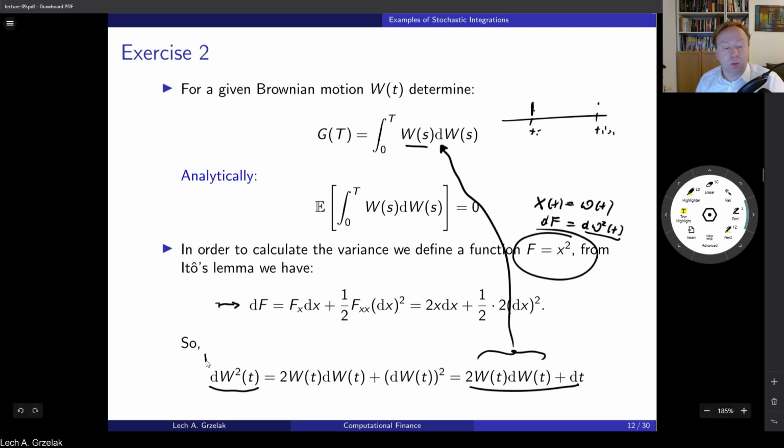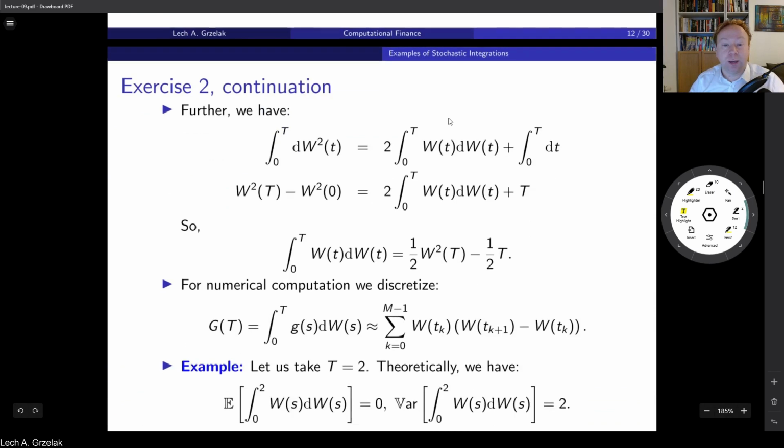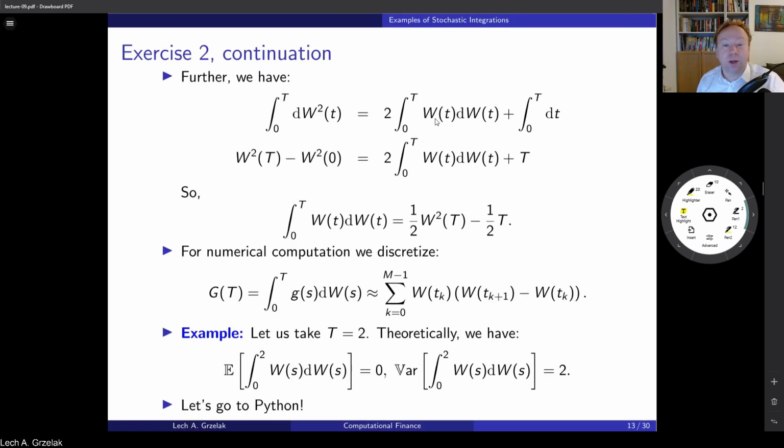So if I integrate this term here, and this integral here, and here, then you see that this term would resemble the term that we have here. And this is what we are doing next. So by the integration, we end up with the following expression. This is, of course, the integral of dW_t squared, obviously W squared at capital T minus W squared at 0, equal to 2 times this integral plus T. So now we can easily find out this term.